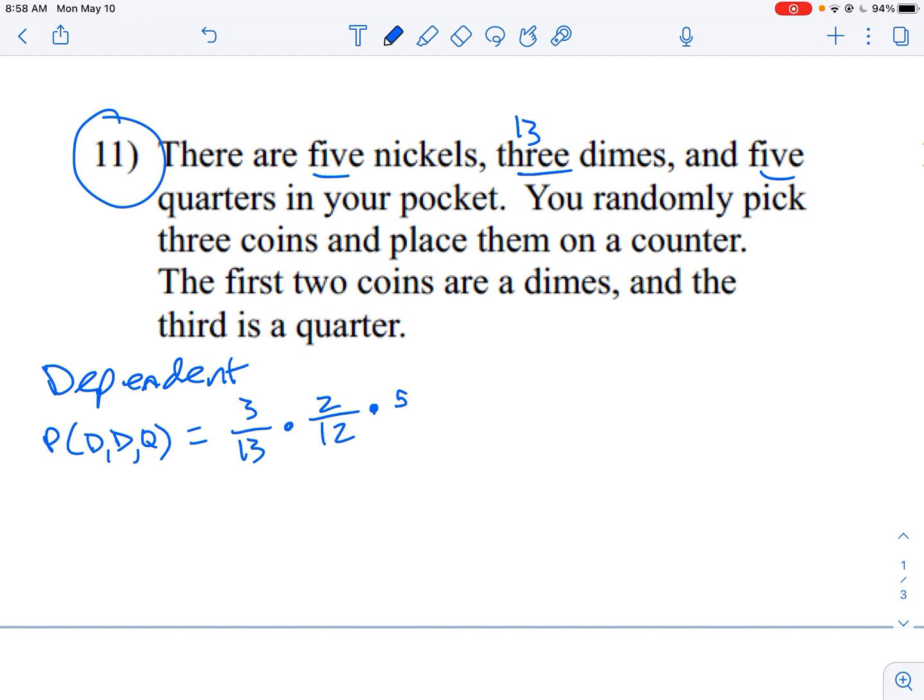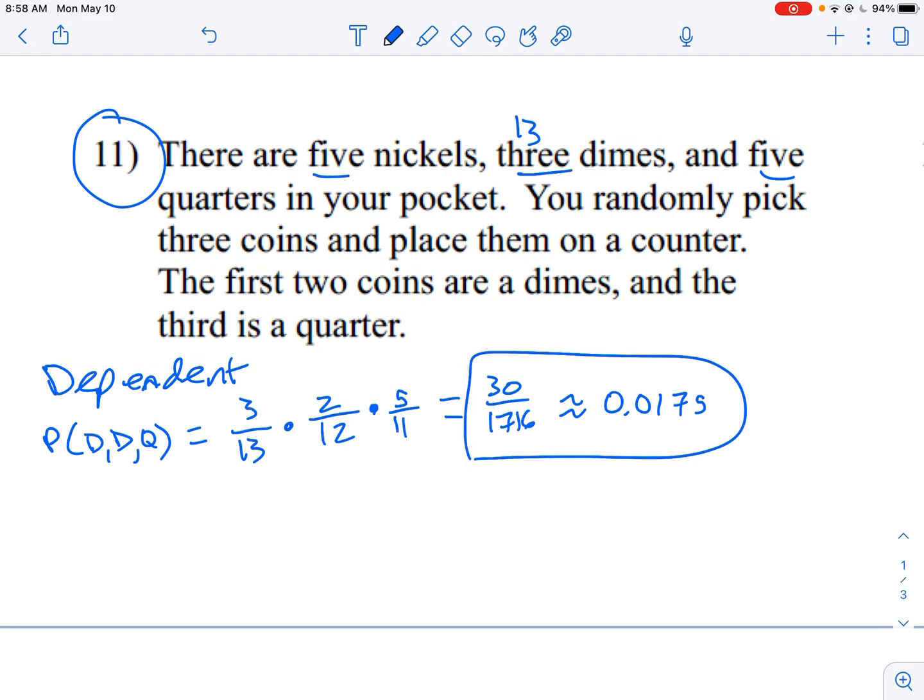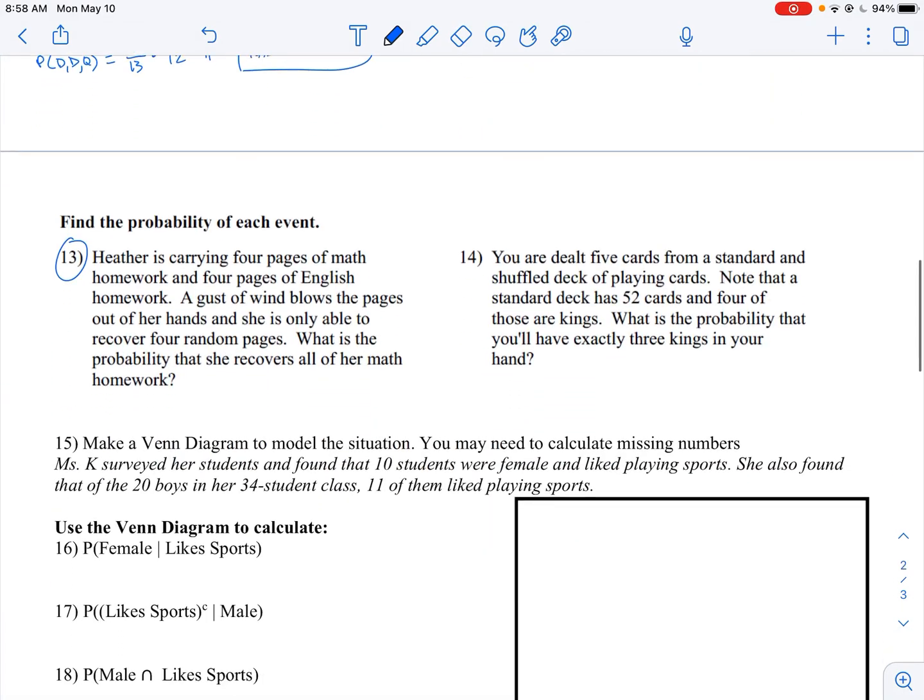There are 5 quarters and 11 coins left. Across the top, 3 times 2 times 5 gives you 30. On the bottom, 13 times 12 times 11 gives you 1716. So we do 30 divided by 1716, and you get about 0.175 chance here. That's not a super high chance that would happen.